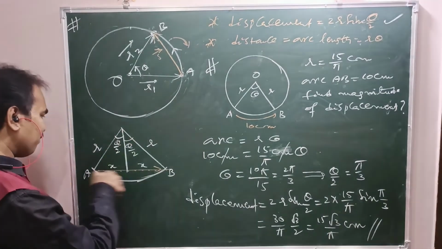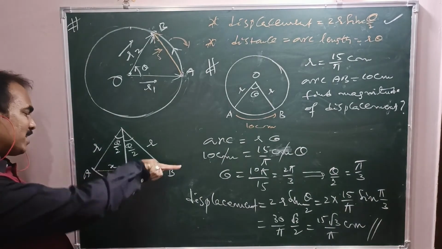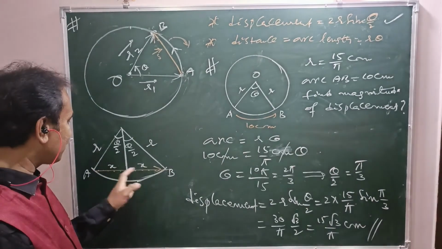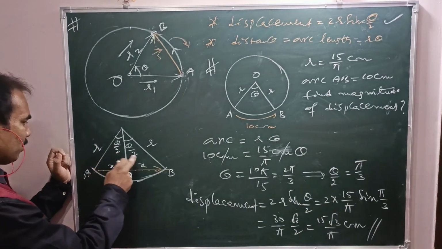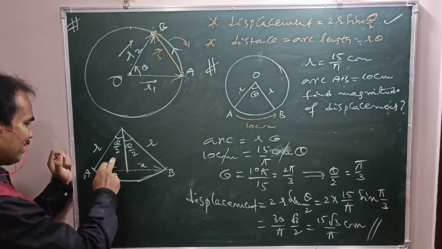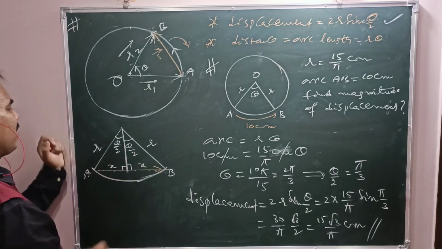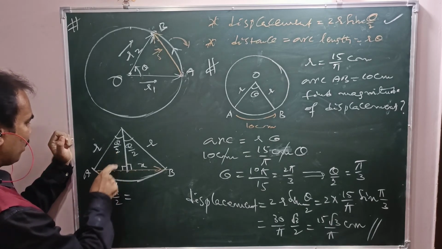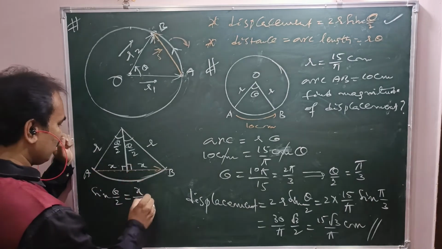See in this diagram, this is the arc length, that is distance. Now x plus x, the shortest distance, is the displacement. That is 2x is the displacement. Now take sine theta by 2 in any one of these right angle triangles. Sine theta by 2 equal to opposite side x by r, here also x by r.